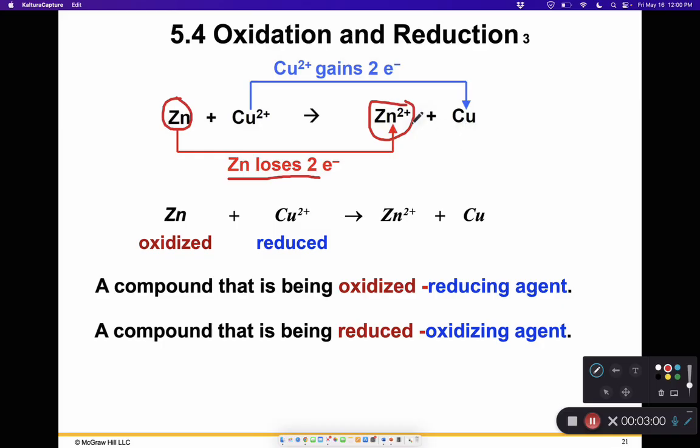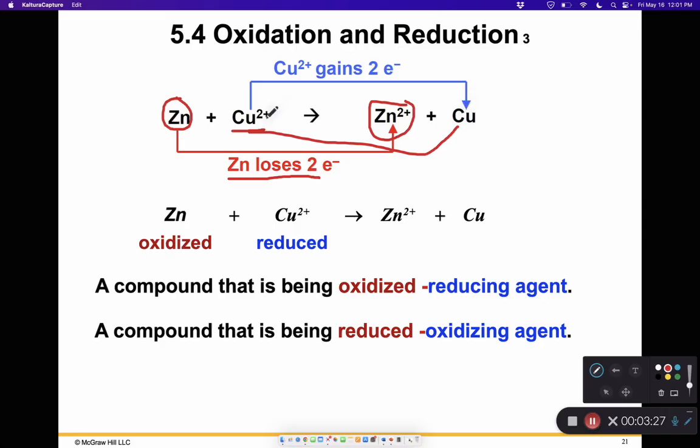And during the reaction, our copper ion, which is the reactant and has a 2 plus charge, will gain the electrons and become a neutral element. So zinc is undergoing oxidation by losing electrons. The copper ion is undergoing reduction by gaining 2 electrons.